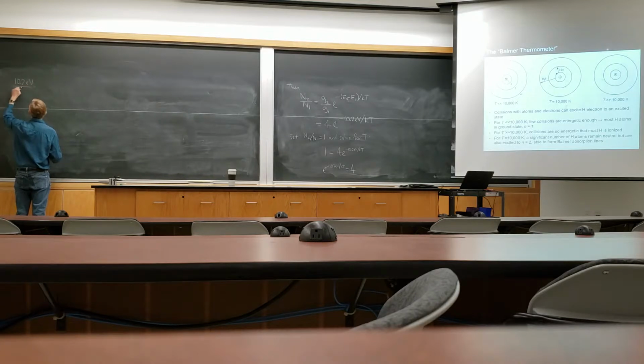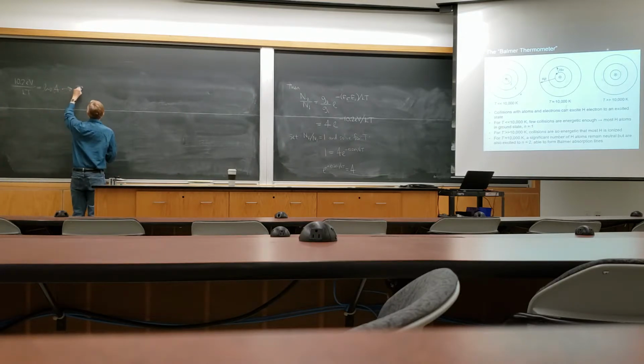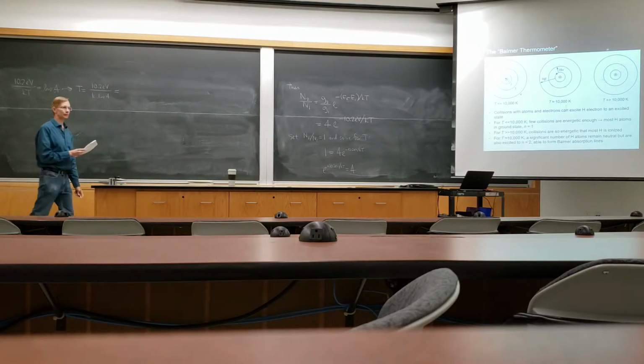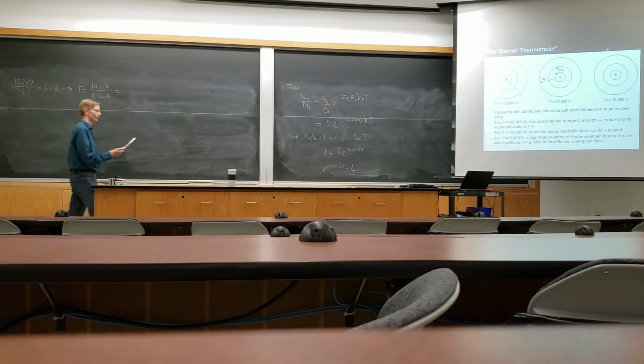So 10.2 eV over kT equals the natural log of 4, and so therefore T is equal to 10.2 eV over k times the natural log of 4. This is where it's convenient that we put k in terms of eV per Kelvin.